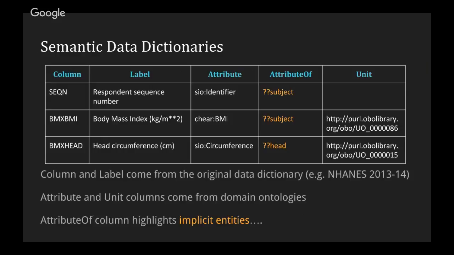Then we add types for the BMI, which would come from a domain ontology or a more generic class from SIO, such as circumference. The attribute of column tells us the entity that it is an attribute of. So the sequence number and the body mass index are both related directly to the subject, whereas the head circumference is a measurement specifically of the subject's head. We can also add the unit information here. So these are the Unit Ontology URIs.